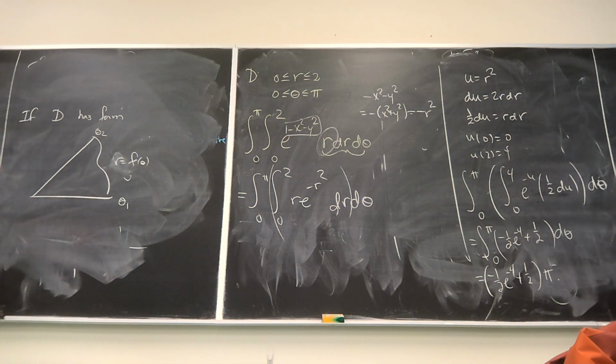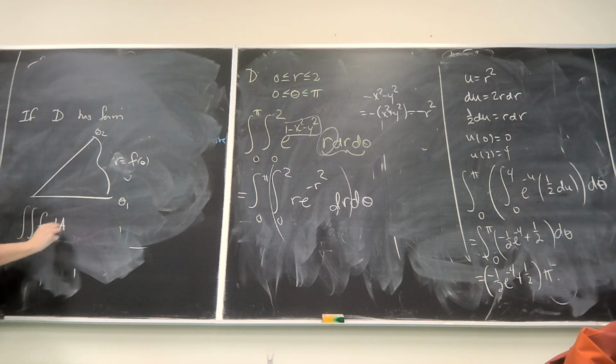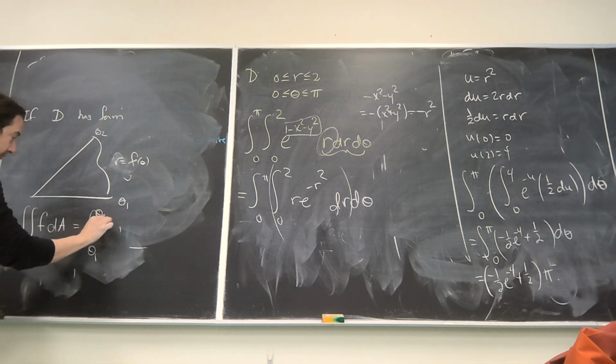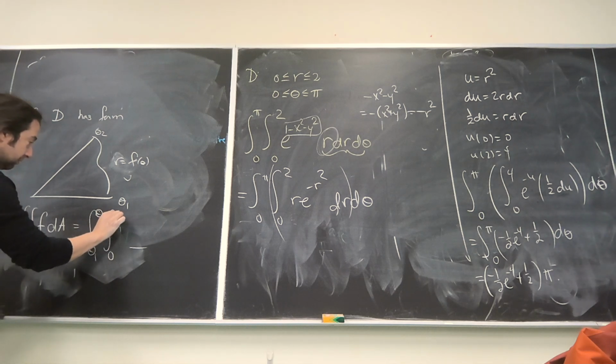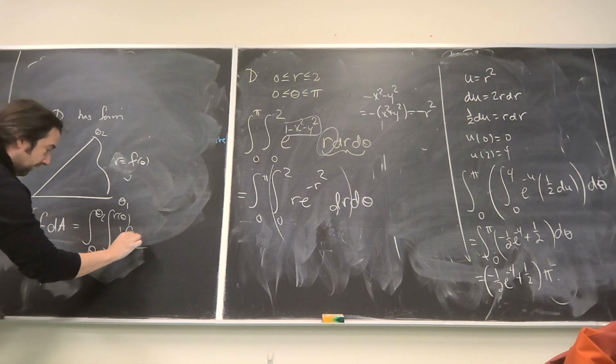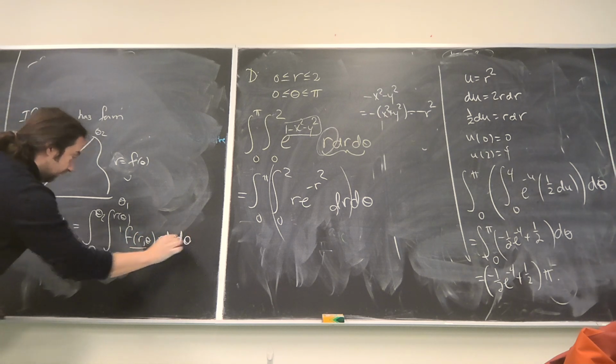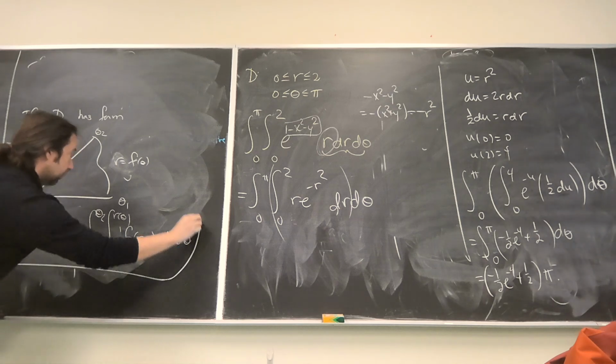So now not a circle, but just some general curve. Then the double integral of f dA over D is the integral from theta 1 to theta 2 of the integral from 0 to r of theta of f of r and theta, r dr d theta. So this is the general setup.